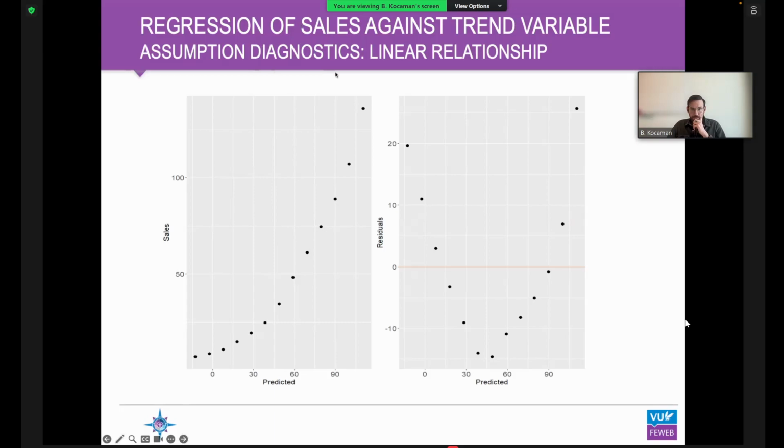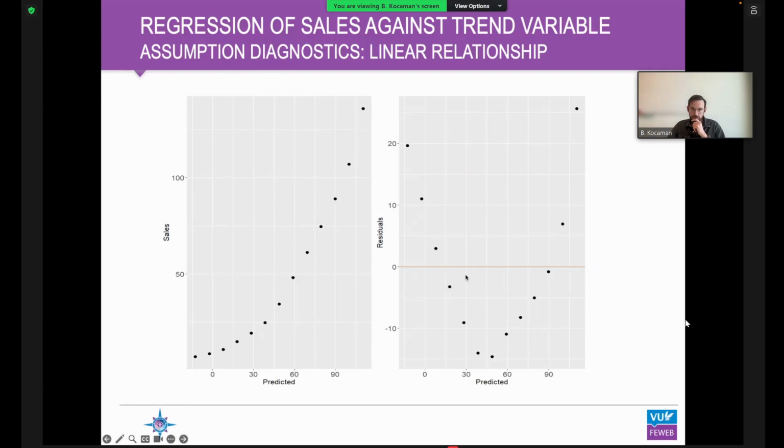Let's look at the diagnostics for the regression assumptions now. We have seen the sales, and we can look at residuals and predicted values, and this is indeed more common. We have been looking at this more closely in the assumptions so far. And here, as you can see, these points are not following a straight line, right?